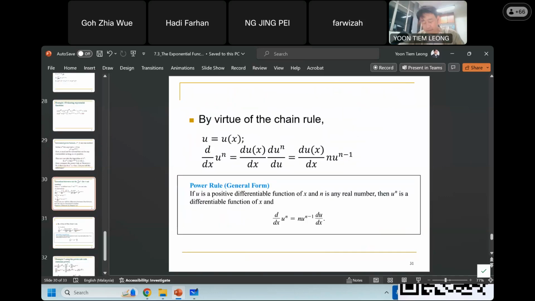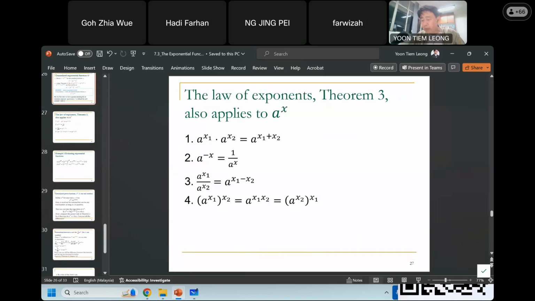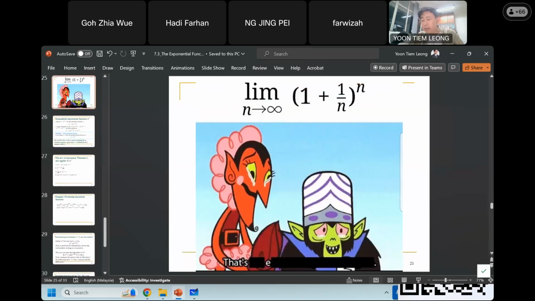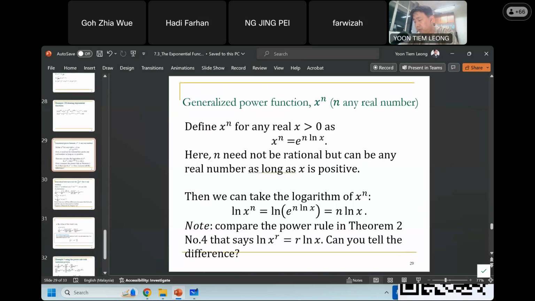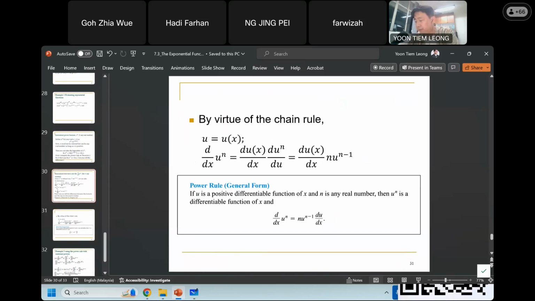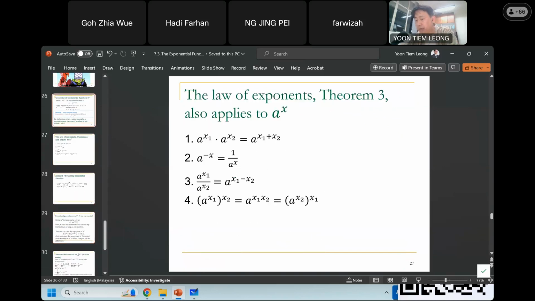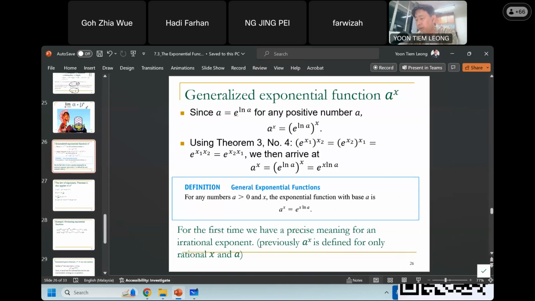The next few slides are about applying the exponential function and generalizing it to the exponential function of the form a power x. And then probably we will not continue with this lecture tonight because it's already late, but I'm going to record another half an hour of lecture to explain slide number 27 up to the last slide on this topic of exponential function.